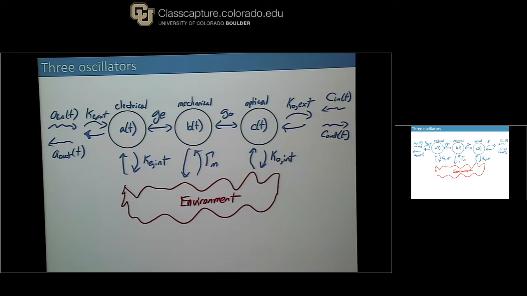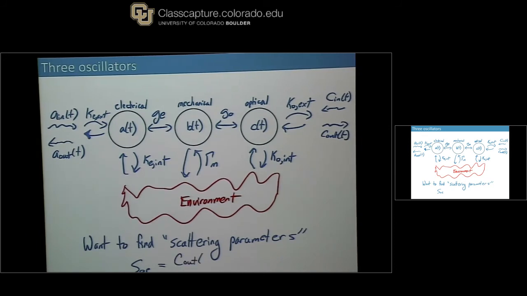And ultimately, what we care about finding is, in electrical engineering language, I would call this the scattering parameter, or scattering parameters. There's 4 of them for a 2-port network. And what we might be particularly interested in is this S parameter that would correspond to C out of, say, omega over A in.